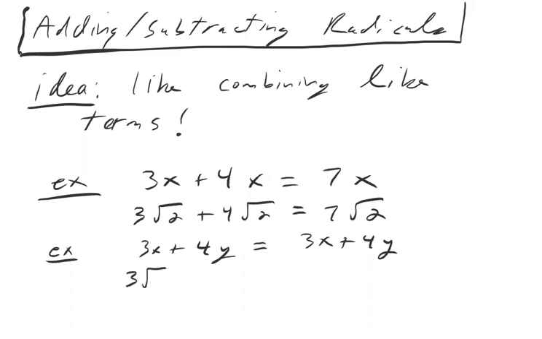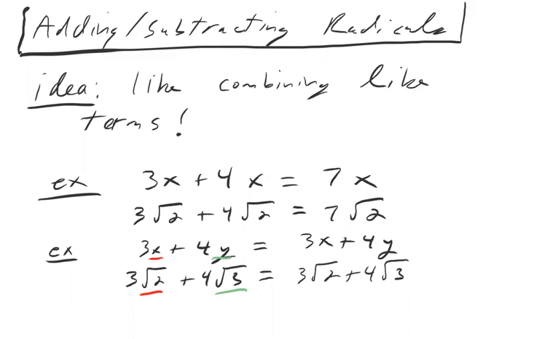If I had 3 square root of 2 plus 4 square root of 3, so this is like the x and this is like the y, then it looks like I can't combine those because they are different terms. So this would just be 3 square root of 2 plus 4 square root of 3. So it follows the same exact pattern as letters.